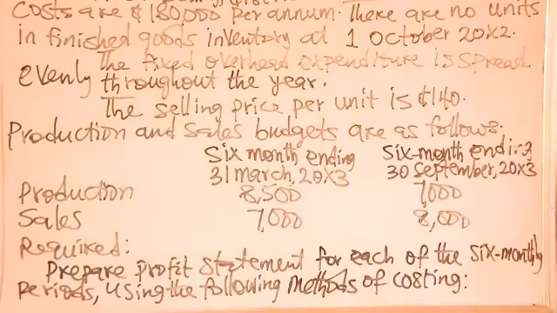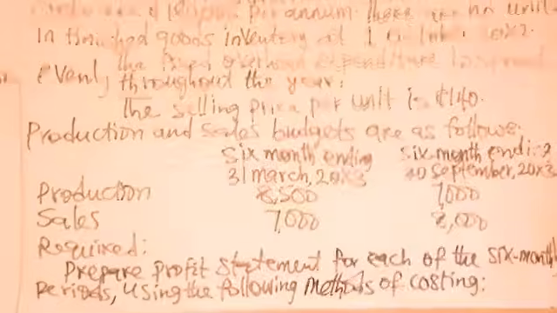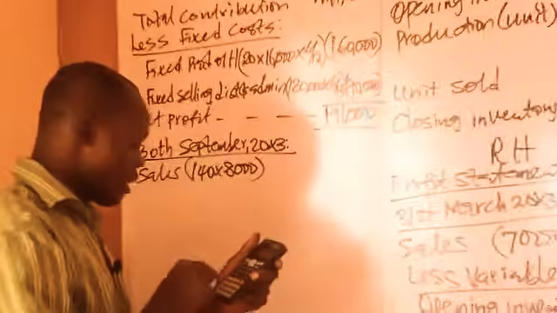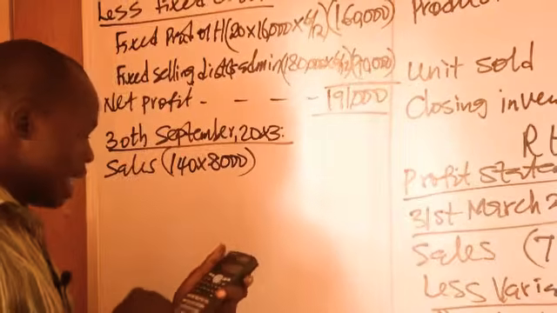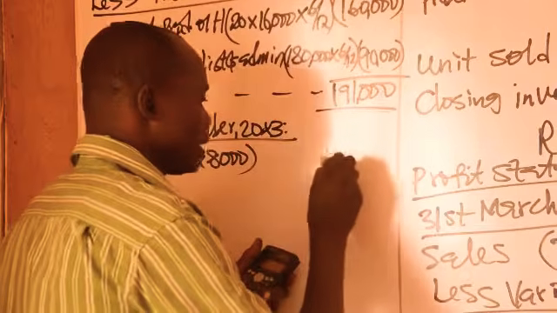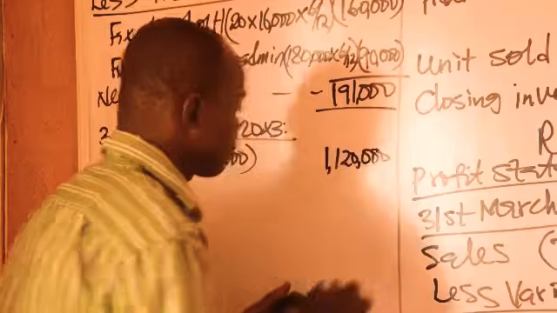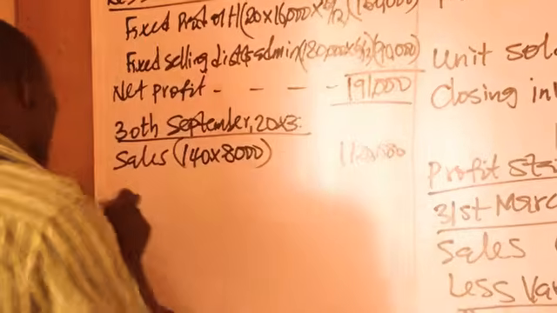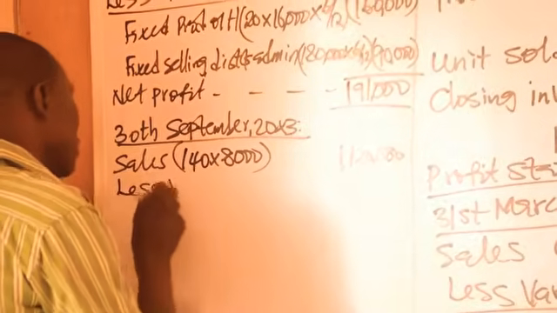So you will have 140 times 8,000, and that will give us 1,120,000. Then from that you less variable cost.